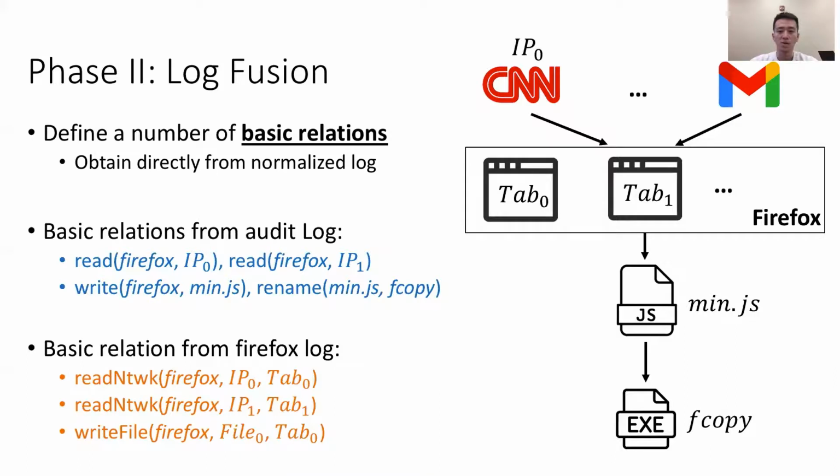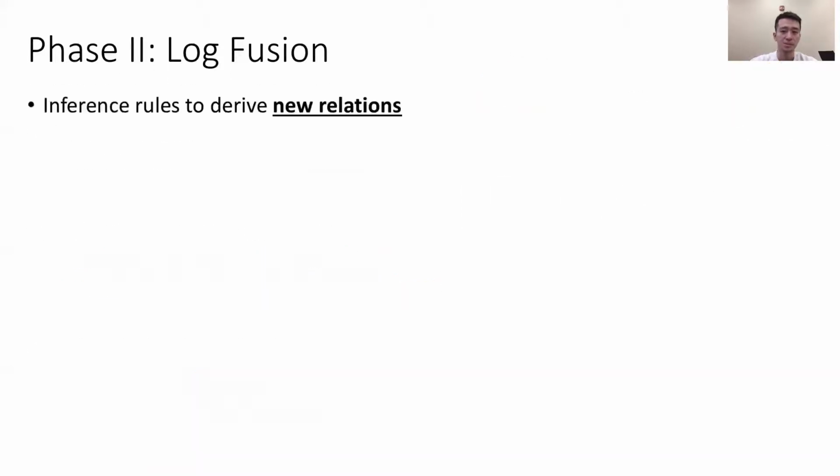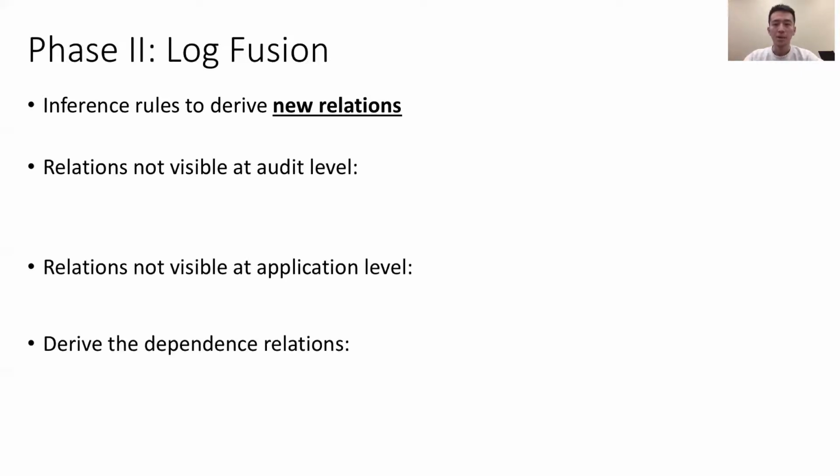Similarly, when a JavaScript file min.js is downloaded and renamed as fcopy, we can also get some basic relations. We define Datalog inference rules to derive new relations from basic relations. We can derive some new relations which are not visible at the audit level.